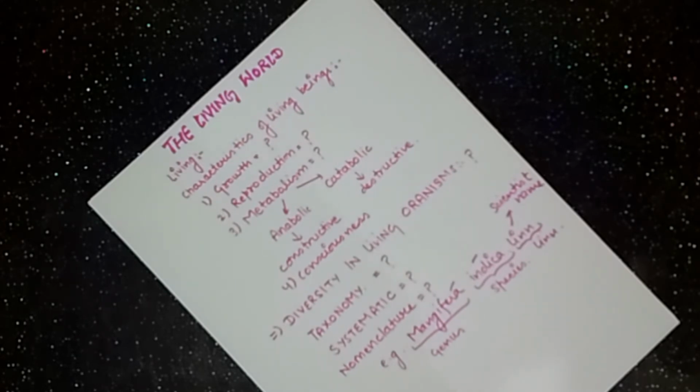ICBN, International Code of Botanical Nomenclature, was given in 1961. ICZN, International Code of Zoological Nomenclature, 1964. ICNB, International Code of Nomenclature of Bacteria. ICNCP, International Code of Nomenclature for Cultivated Plants.